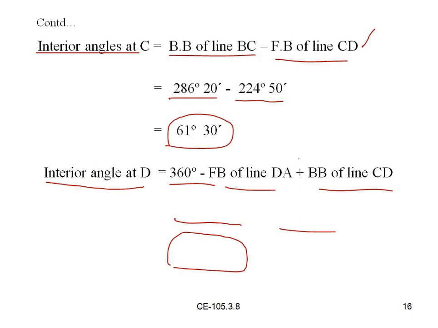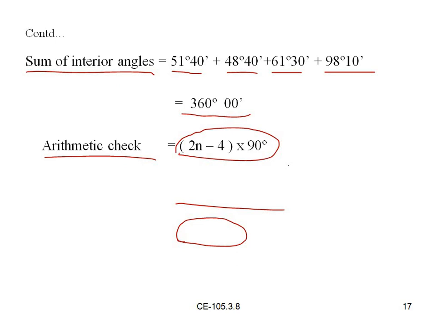Like this, A, B, C, D, we have to calculate the interior angles, and after that we have to check whether all the angles add up to 360 degrees or not. Here there are 1, 2, 3, 4 station points in the closed traverse, so it is 360 degrees. If there are 5, we should get 540 degrees, that is for the pentagon shape.